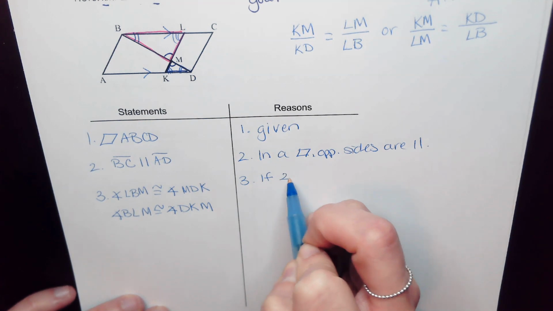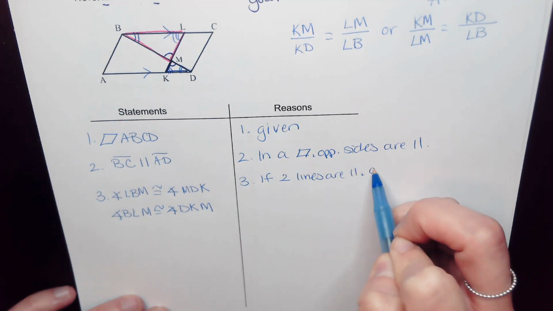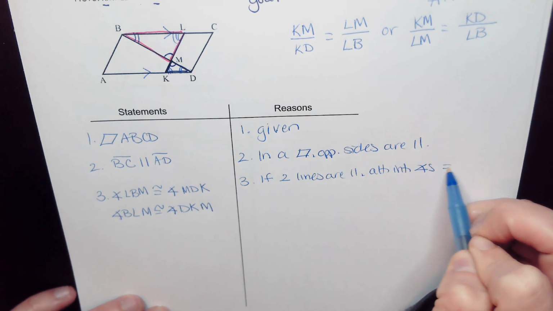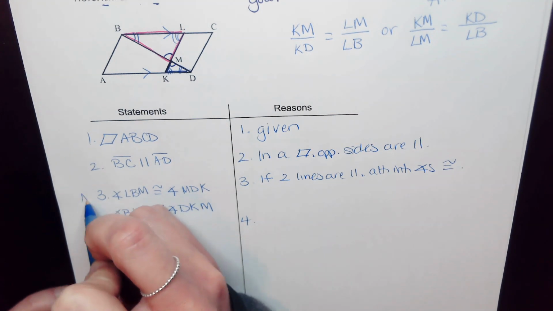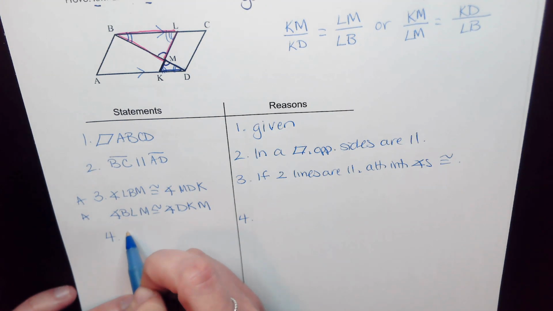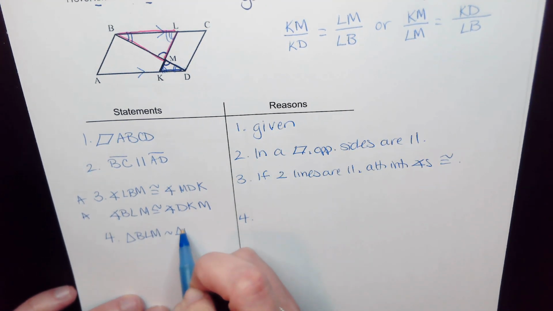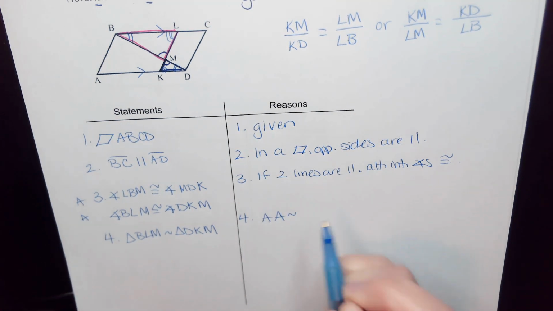And that's because if 2 lines are parallel, alternate interior angles are congruent. So that gives me my 2 angles. So now I can say that triangle BLM is similar to triangle DKM by angle-angle similarity.